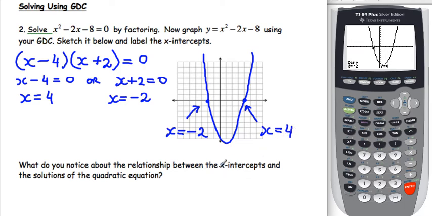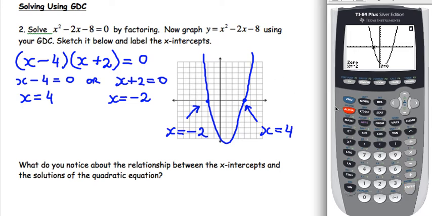So as a conclusion, you can see that we can solve quadratic equation using GDC, and the way to do it is just to sketch the graph of the quadratic formula and find its x-intercepts. And those x-intercepts give you the answer of the quadratic equation.